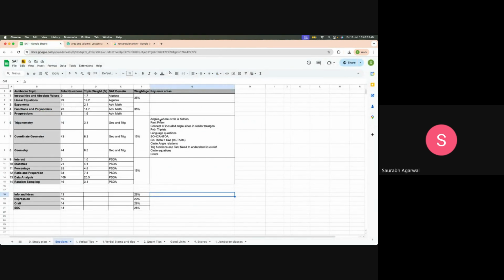Then there were some questions about angles. Okay, this I will delete because this is not accurate. Okay, so let me show you that you made a mistake basically because of which, I think that was in test 8.